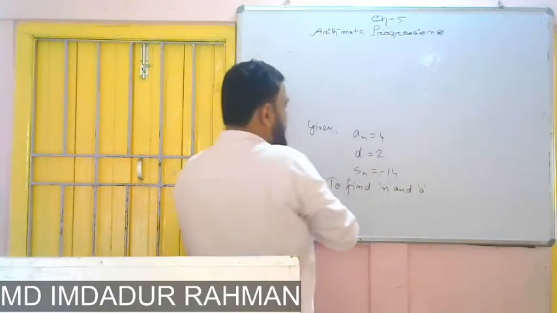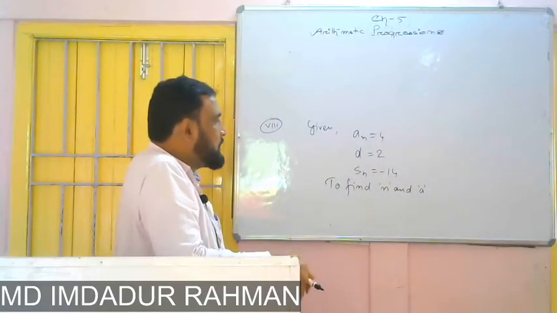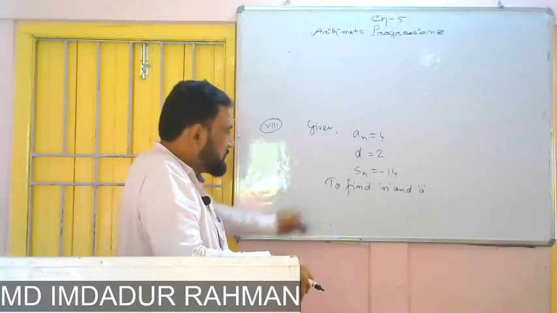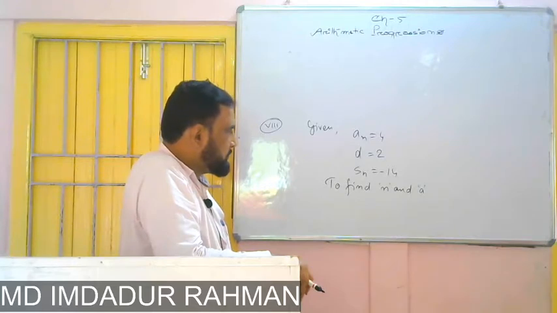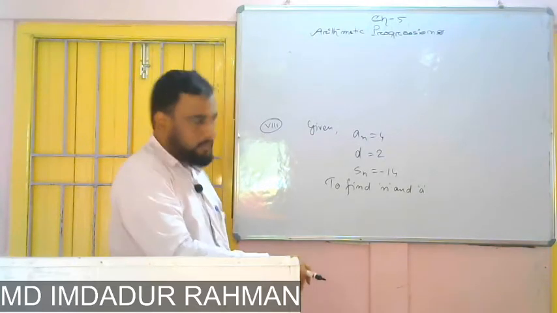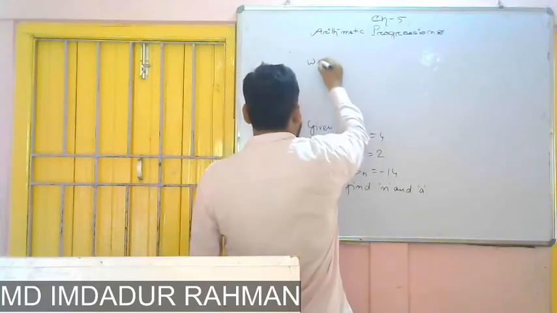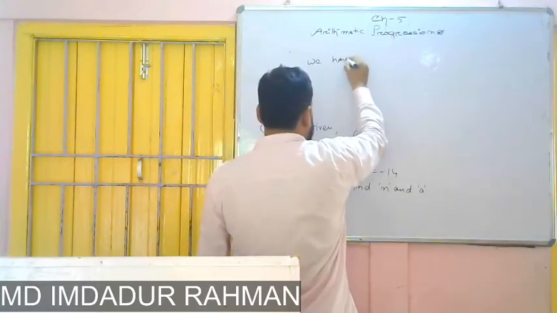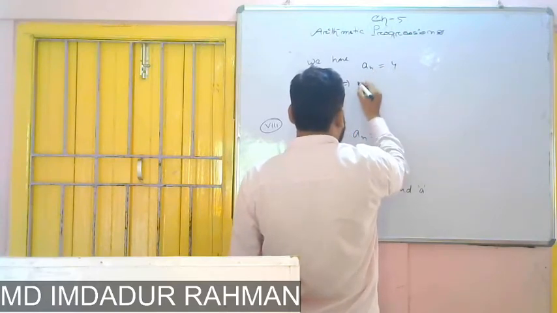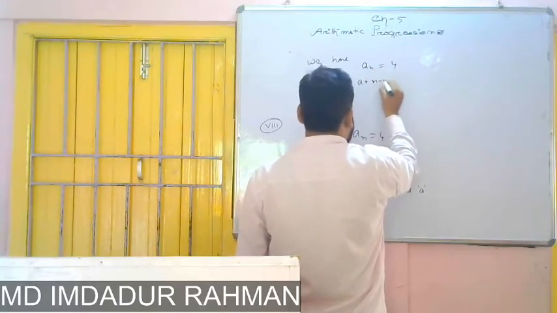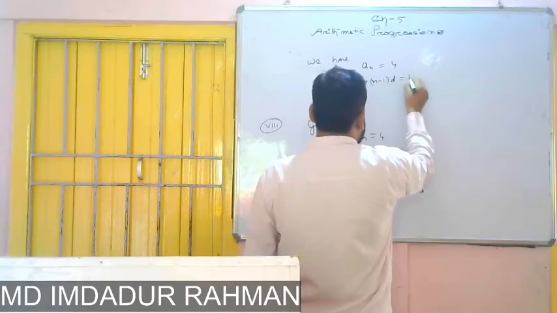Okay, so how will you find out? We have an is equal to 4, implies put the value in the formula, a plus n minus 1 into d is equal to 4.